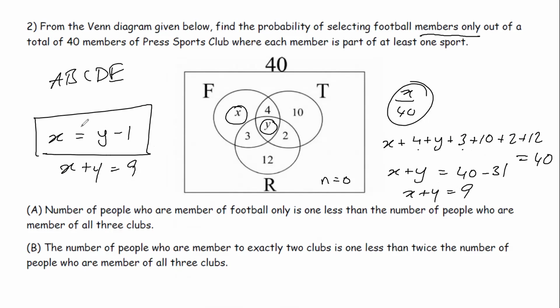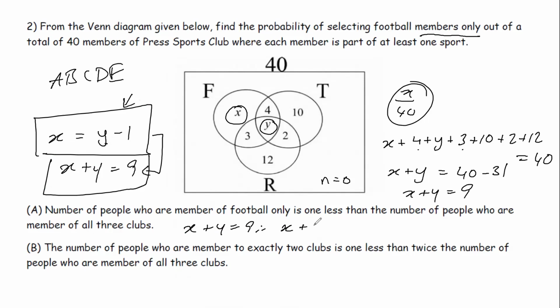With these two expressions, we can find X and Y because they can be solved as simultaneous equations. X plus Y is 9, and Y is X plus 1 from the first expression.